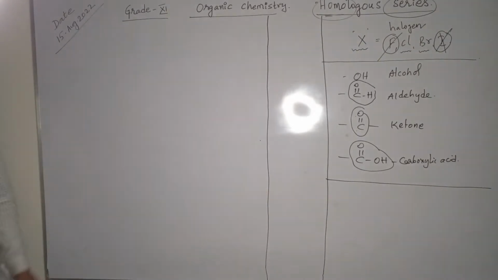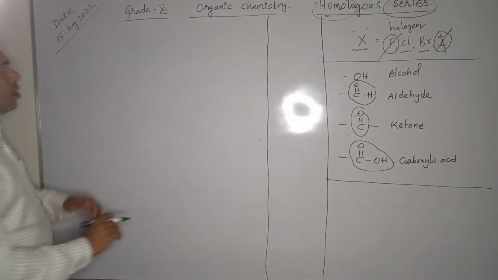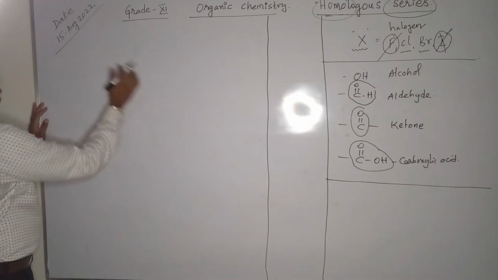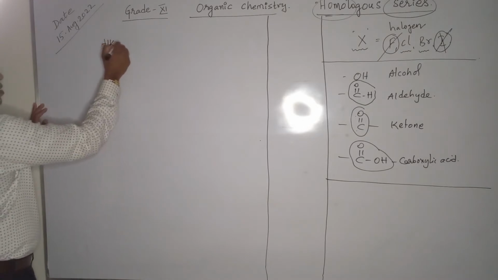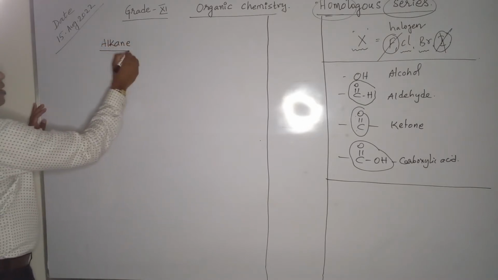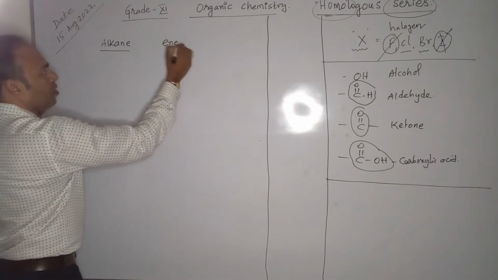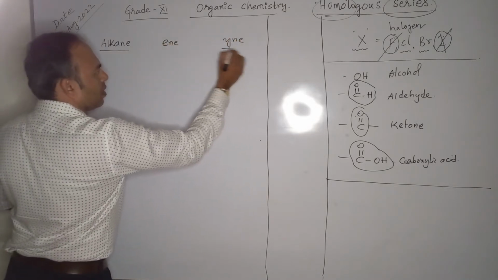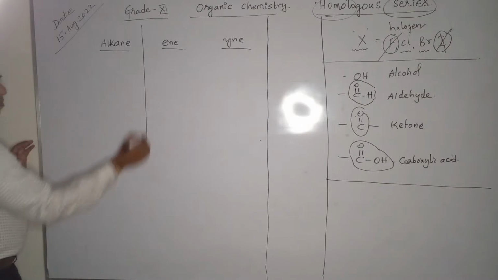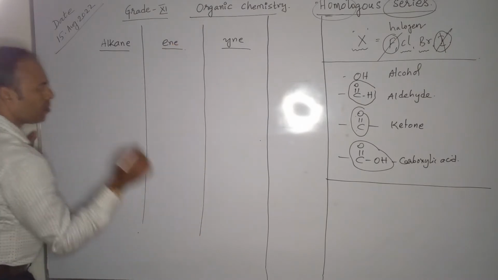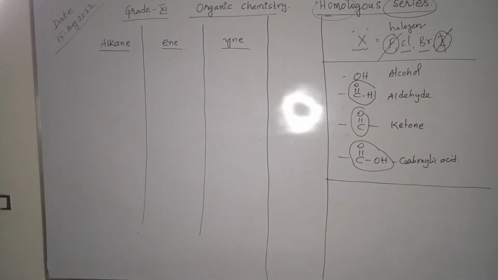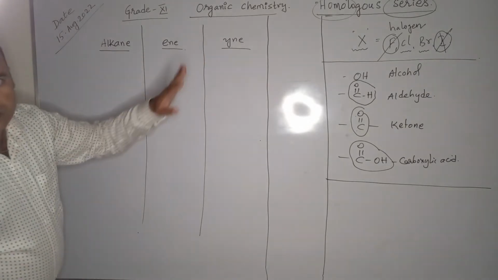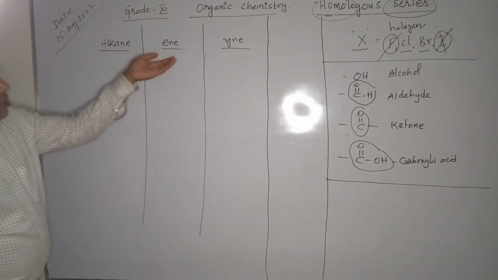See, from there itself you can take. Before you start, we can take alkane, alkene and alkyne. These are the hydrocarbons: single bond, double bond and triple bond.